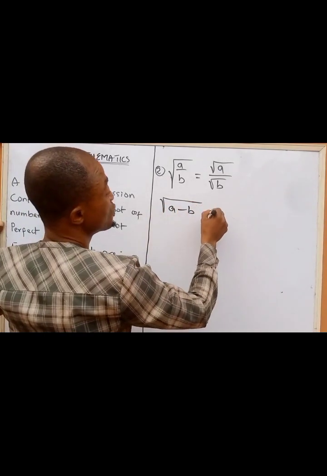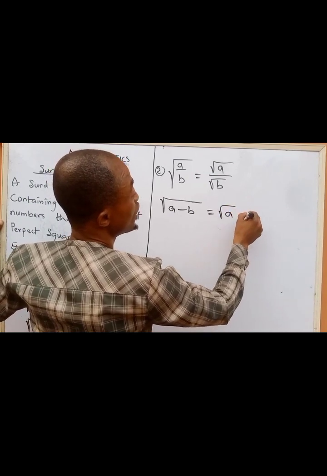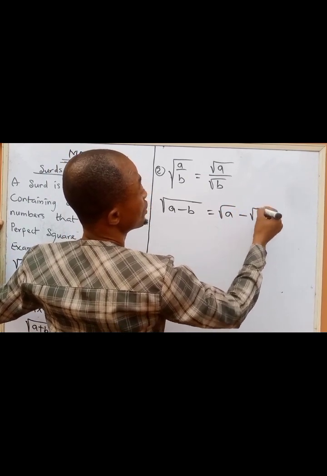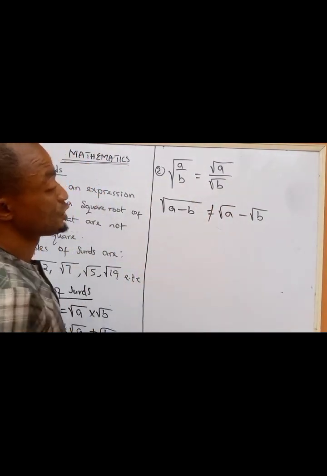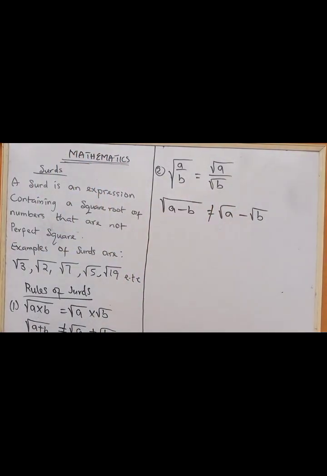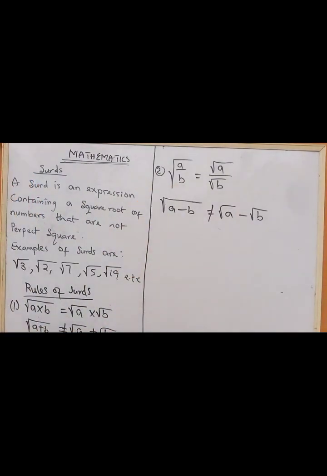Can root of a minus b be written as root a minus root b? It is impossible, so this is not possible. So take note of this. These rules guide the simplification of surds.